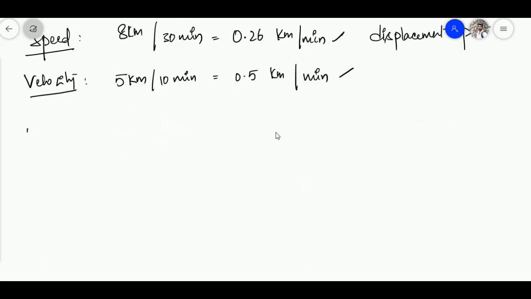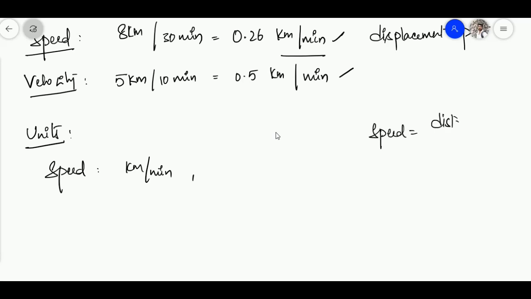And coming back to the units again. So units of speed, you can see it has kilometer per minute. So you can take anything. Speed is nothing but the distance covered by the time taken. This is the speed.